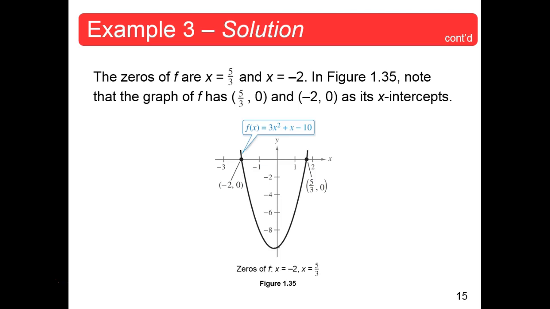This is f of x. What is f of x always equal to? Y. And the y is 0 anywhere on the x-axis, because here the y is positive going this way, negative going that way, 0 right here. Find where the function intersects the x-axis.